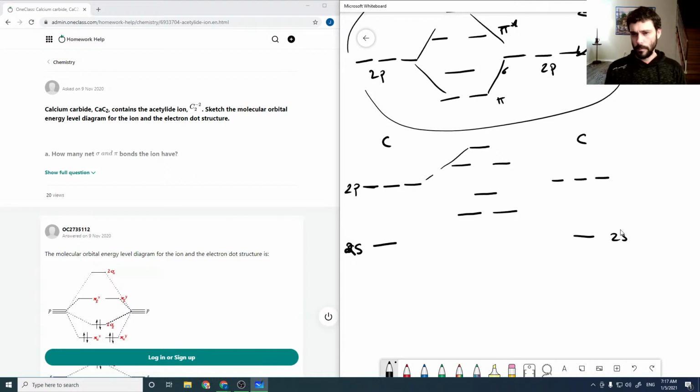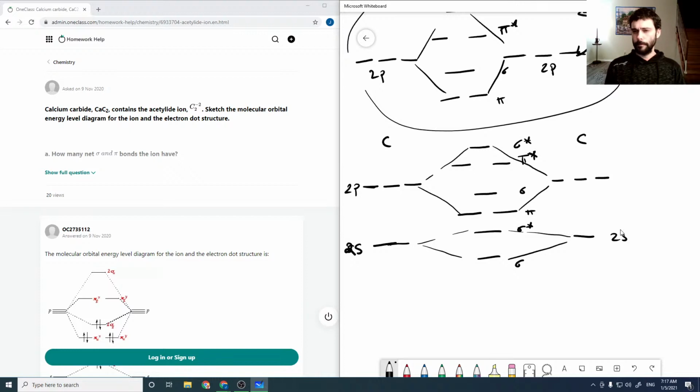So we're going to get roughly like that. So we've got a sigma, sigma star, a pi, sigma, pi star, and sigma star, where the unstarred molecular orbitals are bonding and the starred are anti-bonding.